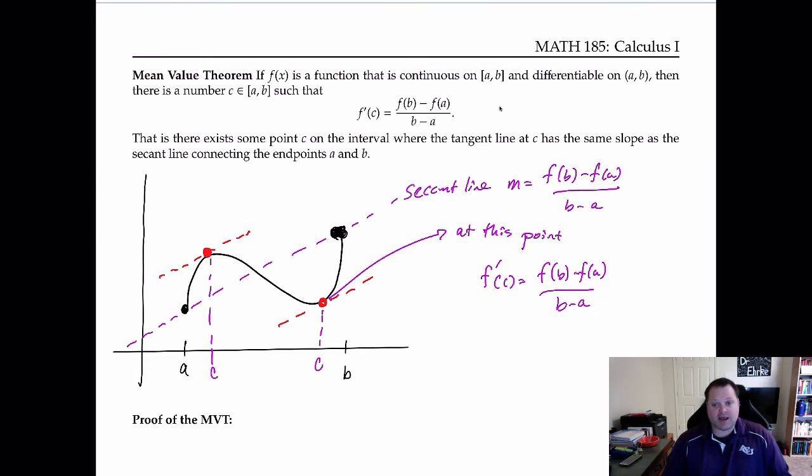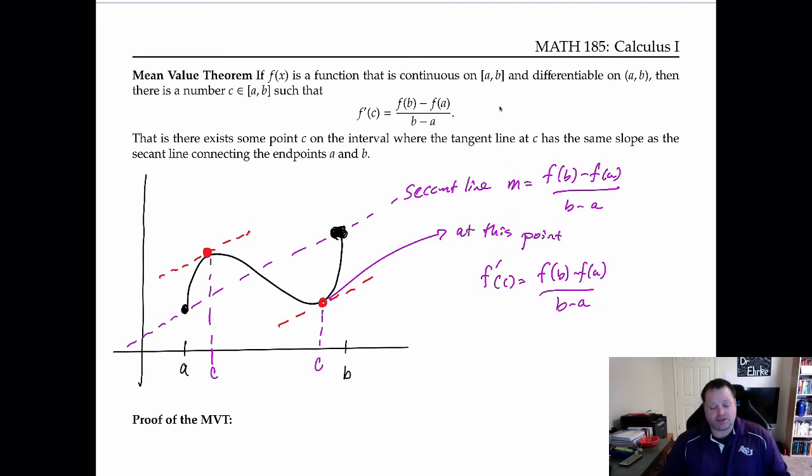I'm assuming that my path is continuous, which means I don't teleport. Safe assumption. I'm assuming it's differentiable, which means I don't get into a wreck or have some sudden change of direction. Also pretty reasonable.